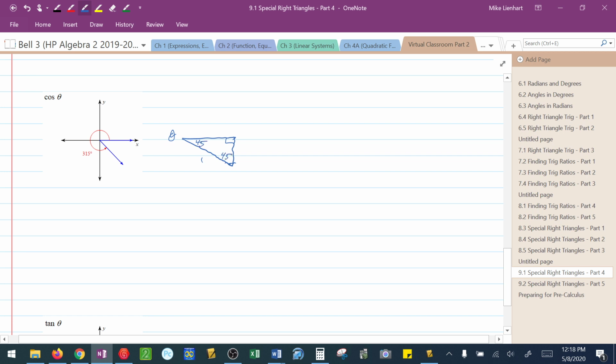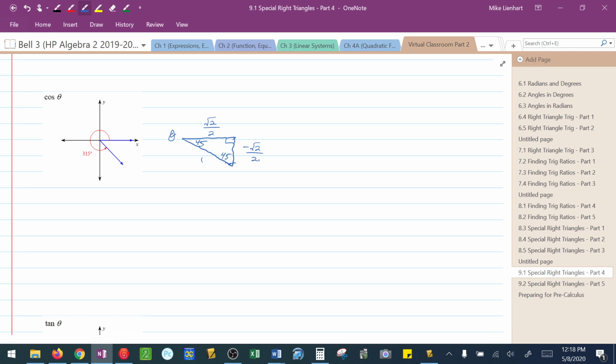This creates a 45, 45, 90. I know that the two legs are the square root of 2 over 2. The one on top here is going to be positive square root of 2 over 2. But the one going down here would be negative square root of 2 over 2. Why is it negative? Because I'm going down from the x-axis.